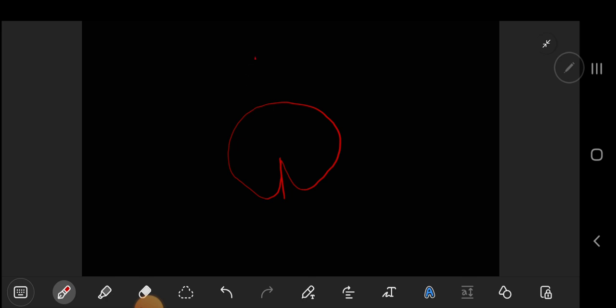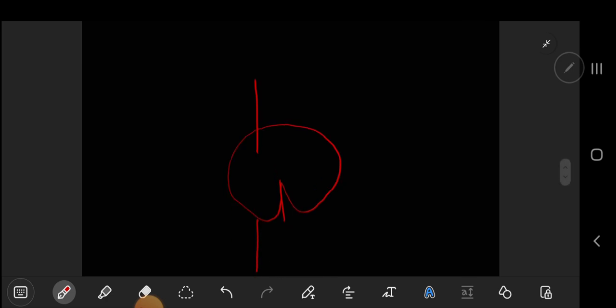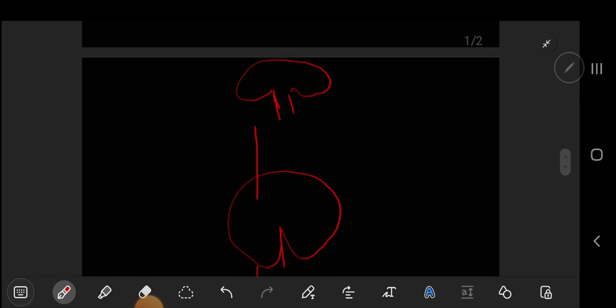Now, if I'm looking at the corticospinal tract, it will cross over to the contralateral side only when it gets to the brainstem.